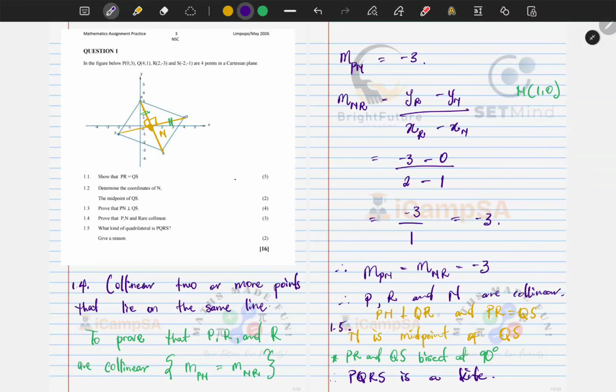Why? Because we know that your PN is perpendicular to QR, and we also know that your PQ is equal to QS, and then we also know this, right? And this would mean that your PR and QS bisect at 90 degrees. So hence this will be your kite.